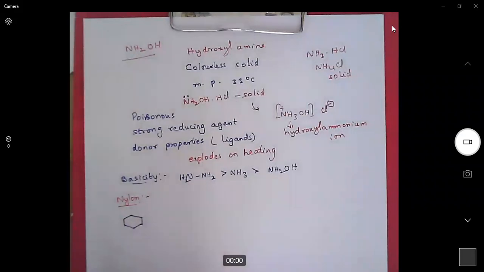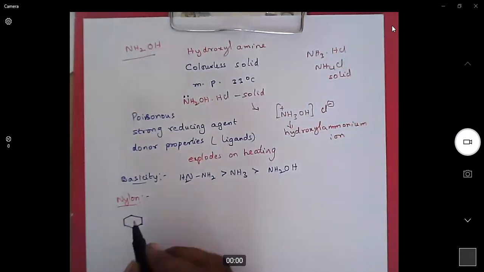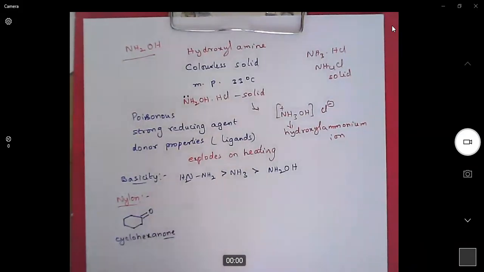This compound, a 6-membered ring, is called cyclohexane. If it has a double bond oxygen, it is called cyclohexanone. It is a ketone, so the suffix will be -one: cyclohexane, ketone, cyclohexanone.